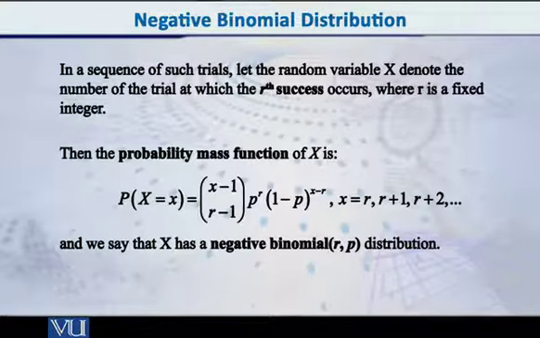mass function of the random variable X is given by, as you can see on the screen, the probability of capital X being equal to some particular value small x is equal to (x minus 1) C (r minus 1) into p raised to r into (1 minus p) raised to x minus r. और इस फंक्शन की जो सपोर्ट है, यानी x की जो वैल्यूज़ हैं जिनके ऊपर ये डिफाइंड है, they are not from 0 to infinity.